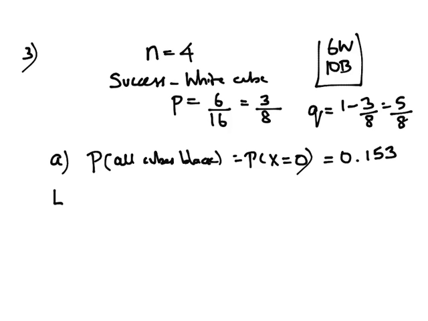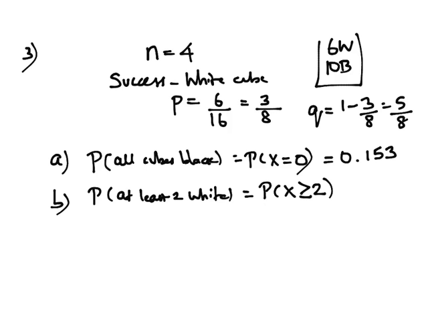The second subdivision is, what is the probability that there are at least 2 white cubes? So P of at least 2 white cubes, that means P of x more than or equal to 2, that means either 2 or 3 or 4.